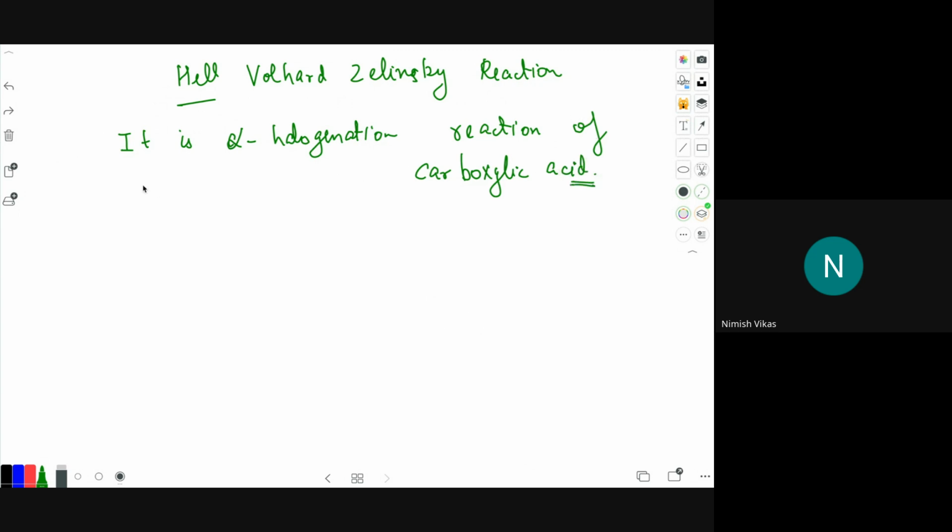Okay, I will tell you how to solve the question first, then I will try to explain it via the mechanism also. So imagine this is there: R-CH2-COOH.